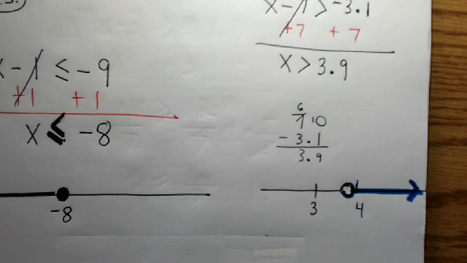I could open it up and then it's pointing that way. Only when the variable's on the left side does the arrow actually point in the direction of. Does that make sense? No. The variable must be over here.